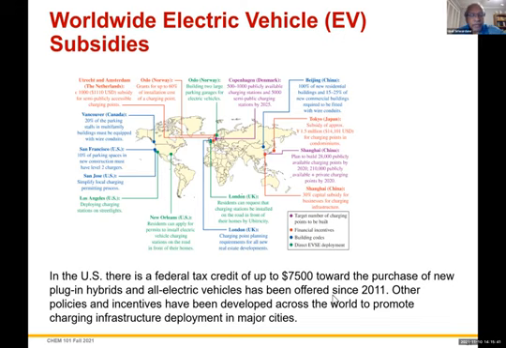Other policies and incentives have been developed across the world to promote charging infrastructure development in major cities. If you can read this map, you can understand how different countries compare. We are a little far behind other countries in giving incentives to electrical vehicles, but we will be catching up soon.